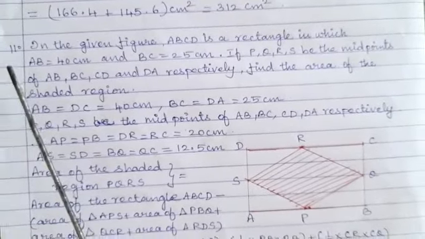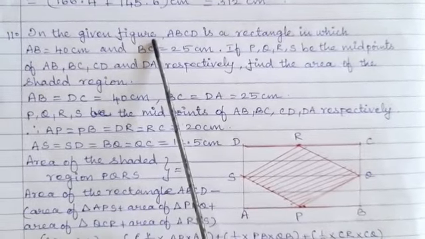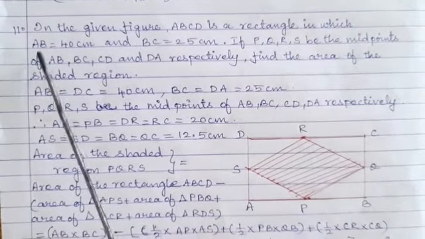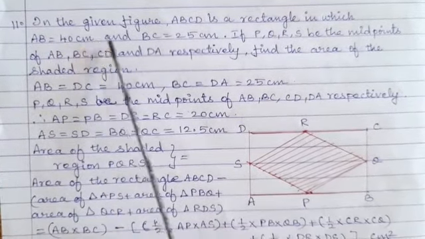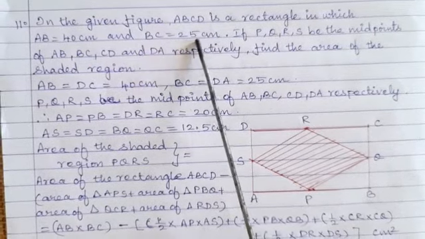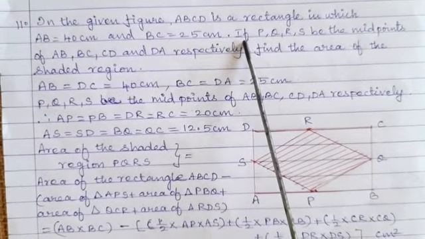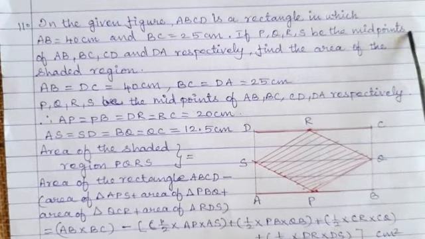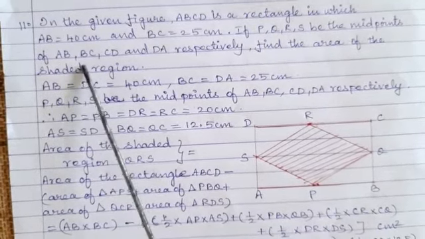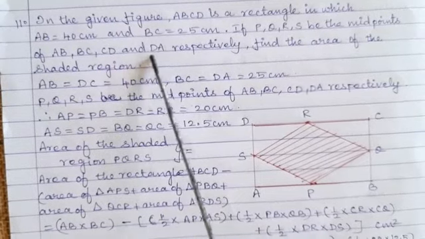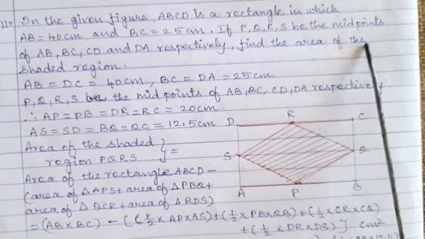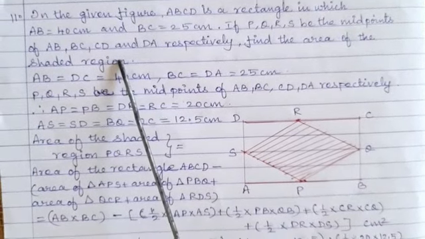Question number 11. In the given figure, ABCD is a rectangle in which AB equal to 40 centimeter and BC equal to 25 centimeter. If P, Q, R, S be the midpoints of AB, BC, CD and DA respectively, find the area of the shaded region.